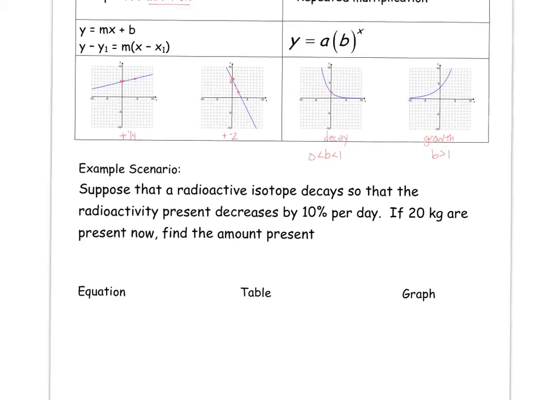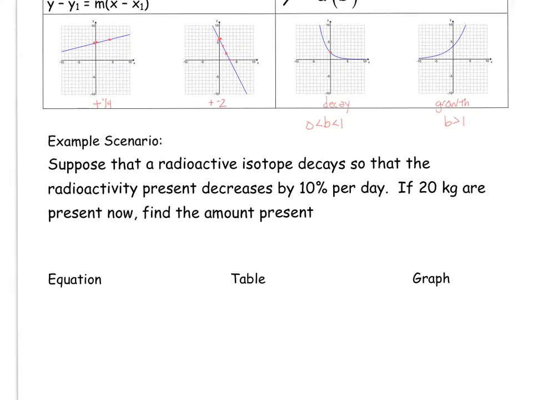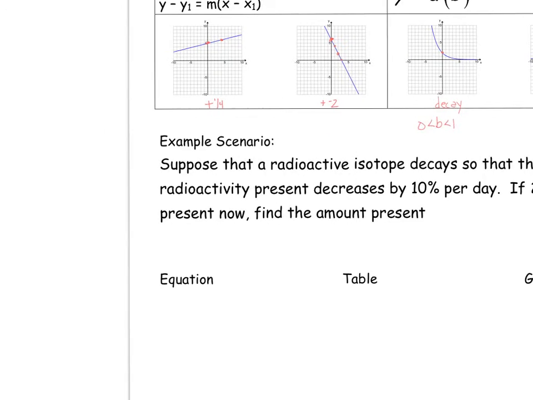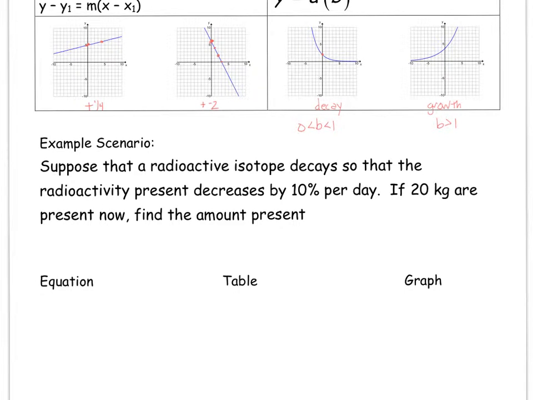So let's do an example here. Suppose a radioactive isotope decays so that the radioactivity present decreases by 10% per day. First we start with 20 kilograms. So your equation: we start with 20, and it decreases by 10%.